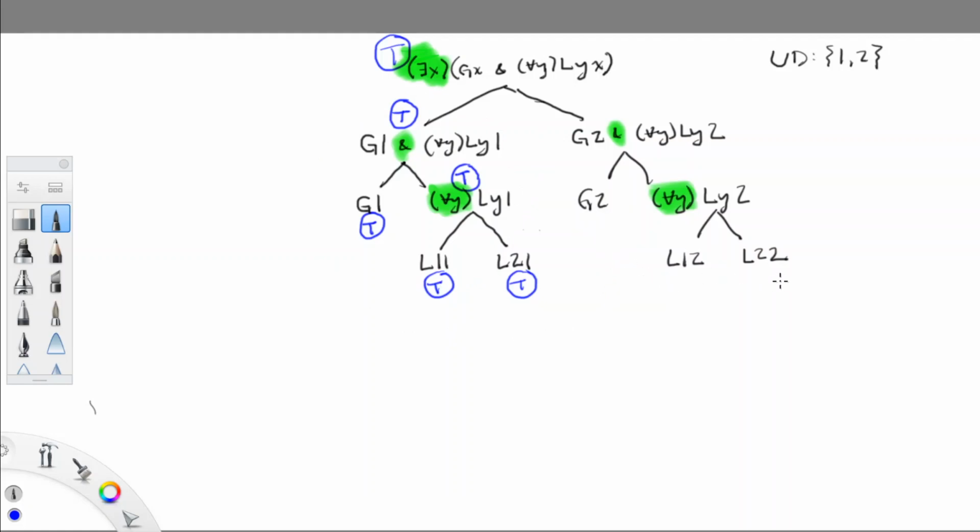And they don't. These are all distinct sentences. There's G2, not G1. We have L12 and L22, not L11 and L21. So if we want to, we can put F's under all of those. A universal generalization where both instances are false is a false universal generalization. A conjunction where both conjuncts are false is a false conjunction.